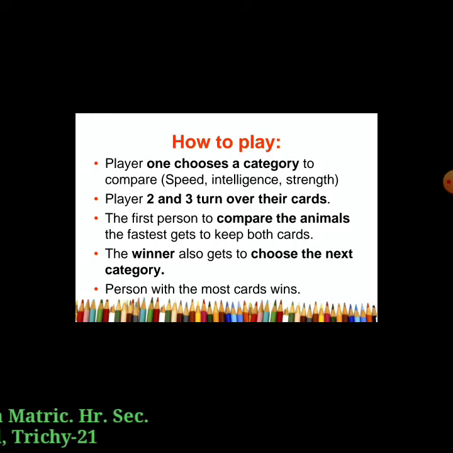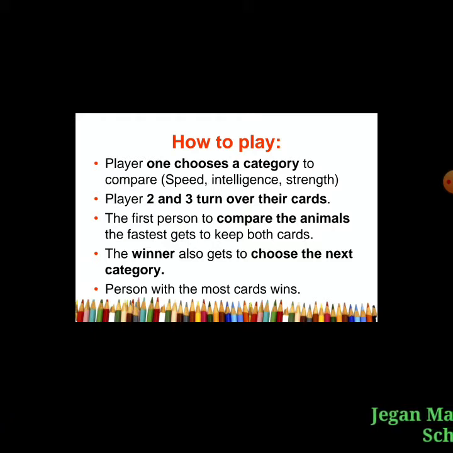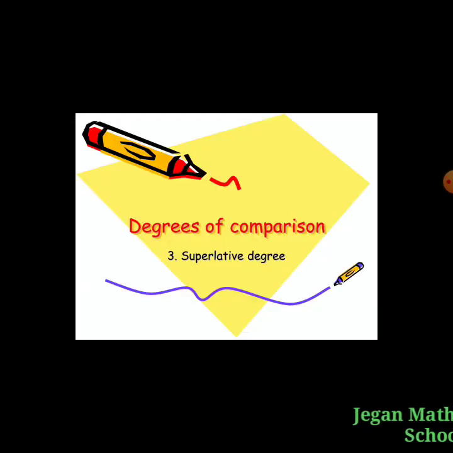Players 2 and 3 turn over their cards. The first person to compare the animals, the fastest, gets to keep both cards. The winner also gets to choose the next category. The person with the most cards wins.